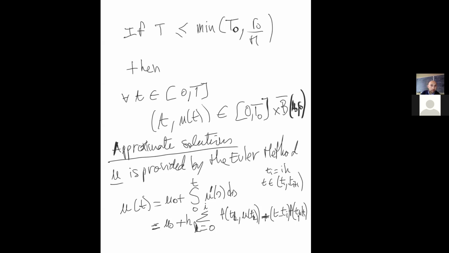So I just used the fact that u prime is a constant on each interval t_k to t_{k+1}. But t_{k+1} minus t_k is h, so I obtain this last line.